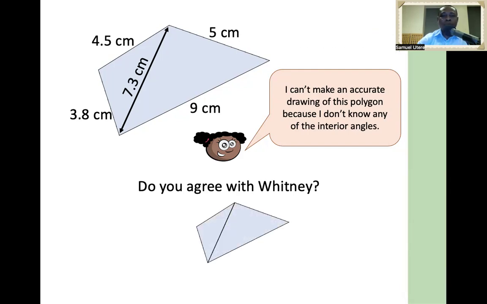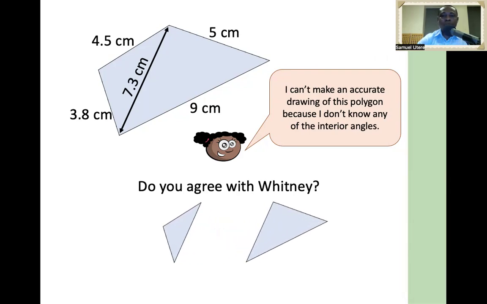Well, if we have this quadrilateral and we choose to draw the diagonal first, we'll simply have two triangles that have been drawn together. To draw the first one, after we have drawn a diagonal of 7.3 centimeter, we can open our compass to 3.8 centimeter and place our compass here and draw an arc above that line over there.